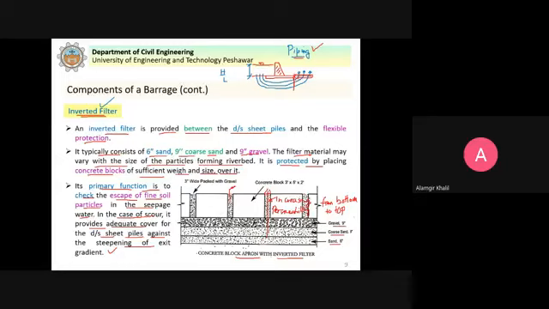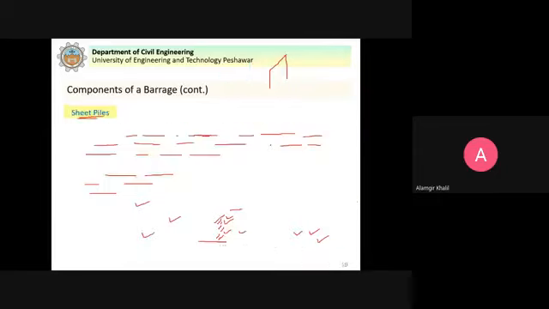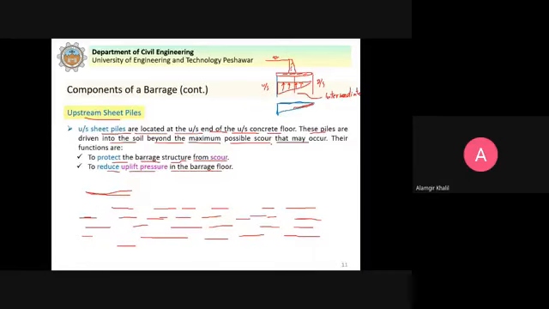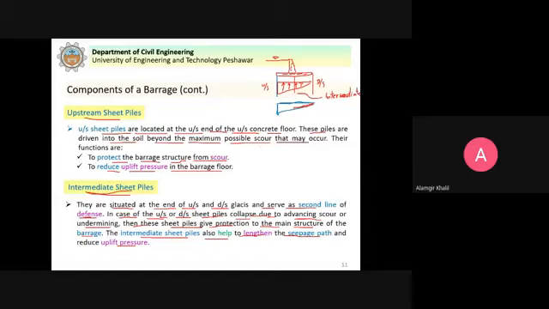So we want its energy at the exit point to be 0, so that it does not take away the soil particles along. This is what we study in detail later on, but here to explain the purposes of these sheet piles, these are provided for protection purposes, to help lengthen the seepage path.